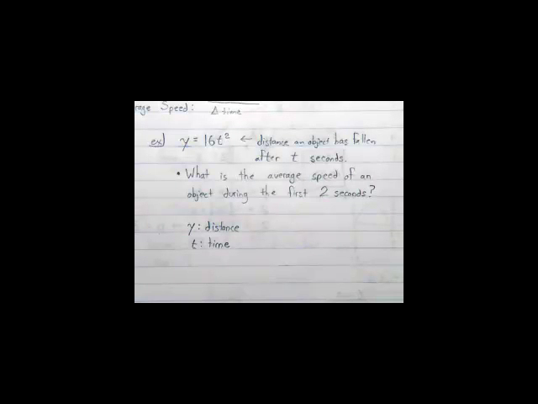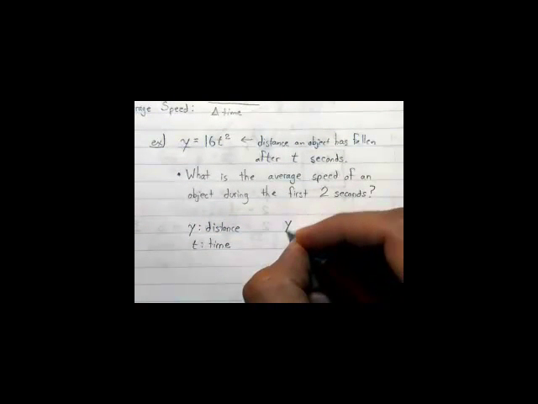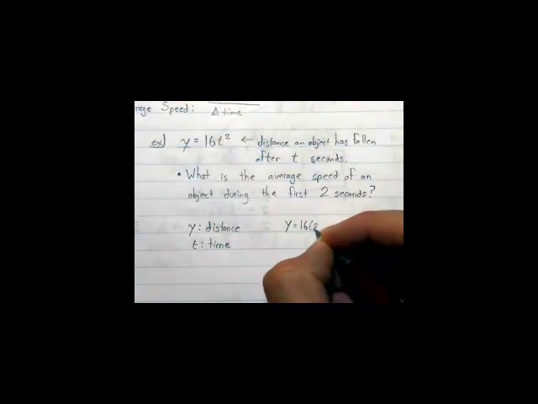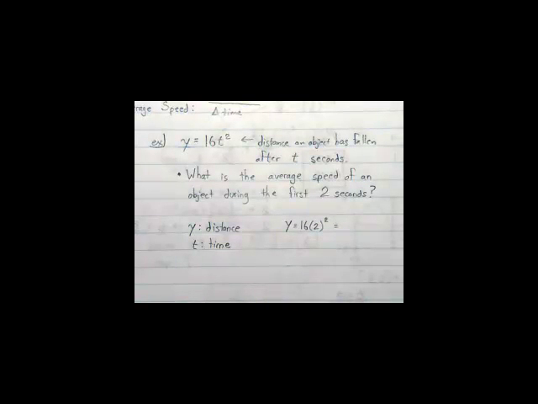Okay, so plug in a 2 for t. So y equals 16 times 2 squared. And that's going to get me 16 times 4, which is 64. Okay, so by plugging in a 2 into this equation, remember the equation is measuring the distance an object has fallen after that many seconds.